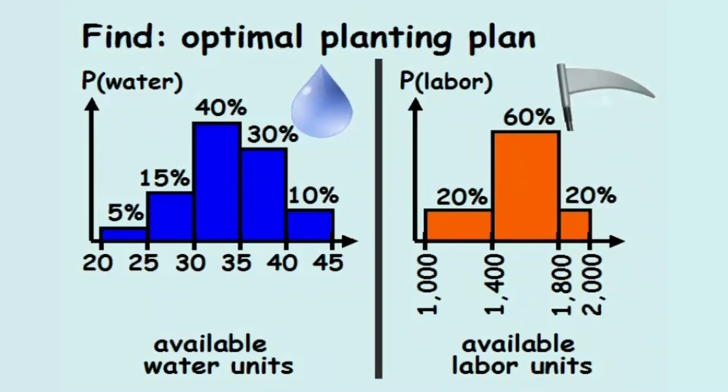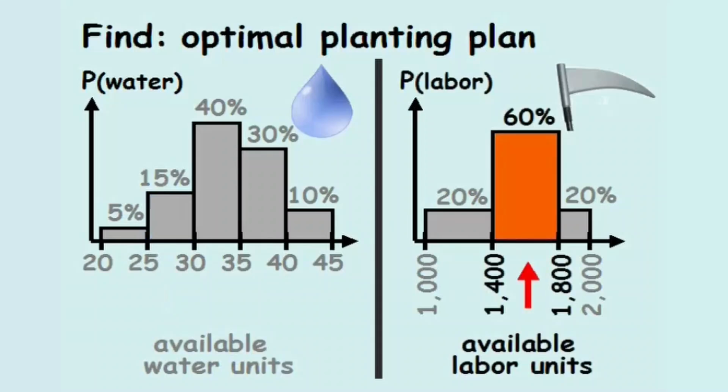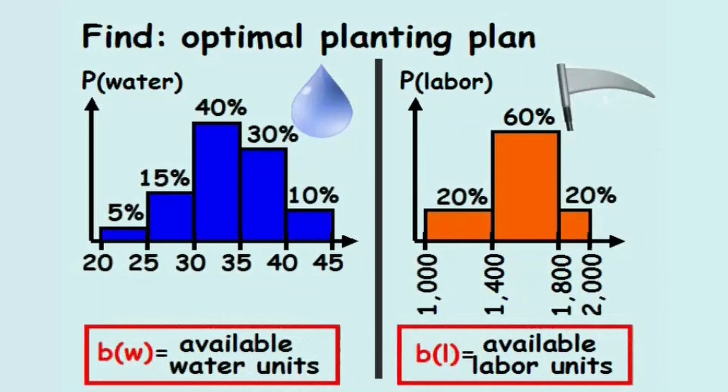For example, there is a 15% probability that there will be between 25 and 30 units of water available. There is a 60% probability that there will be between 1,400 and 1,800 units of labor available. We'll assign the variables BW and BL to the quantities of water and labor available.